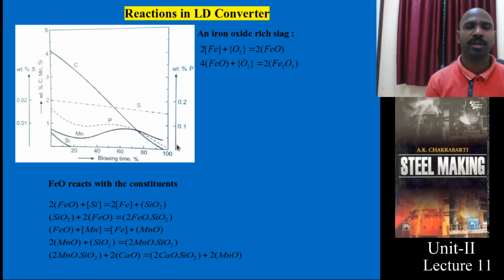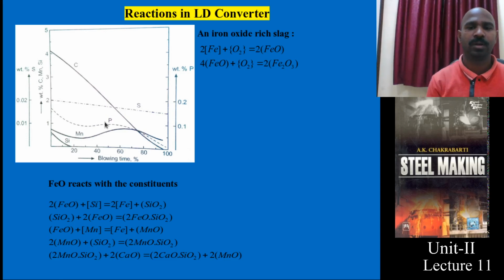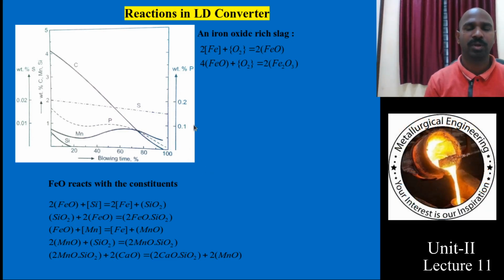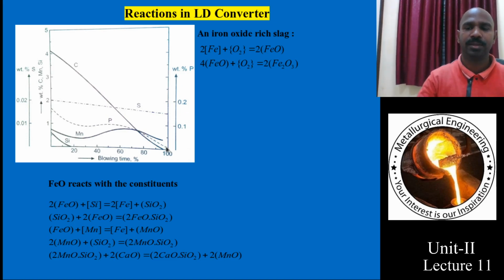Coming to the phosphorus, at 20 minutes, look at the phosphorus intersection line, it is around 0.1. After 100 minutes it goes to 0.003, so the phosphorus is reduced.